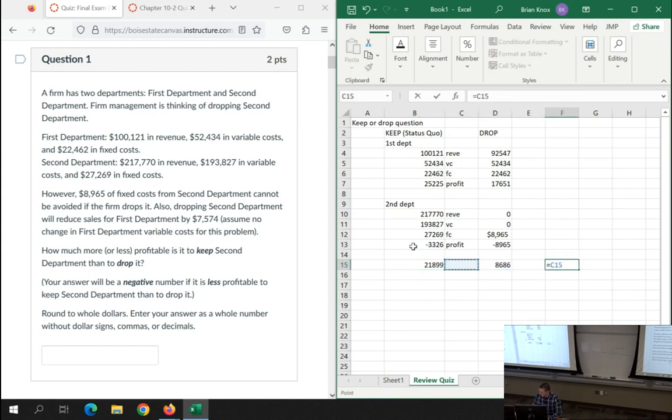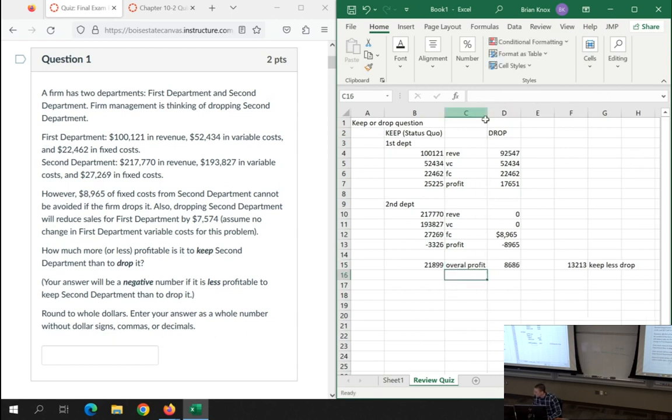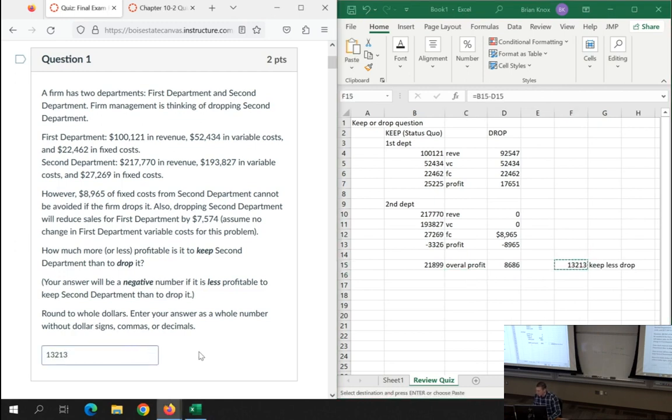So this is keep less drop. Keep profits less the drop profits. This is overall profit. Call it that. It is this amount more profitable to keep than to drop.